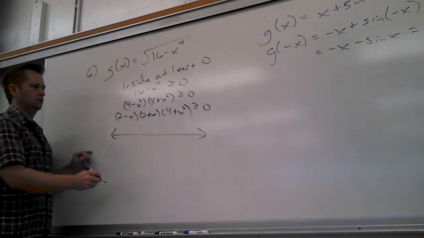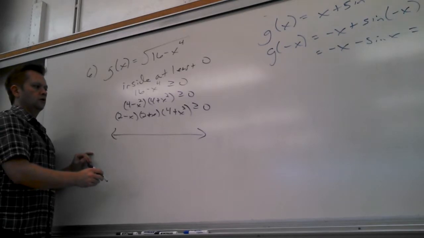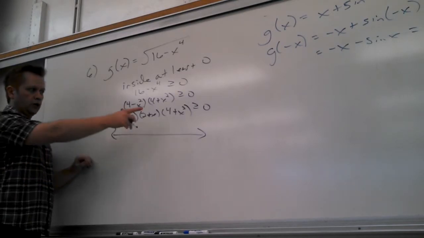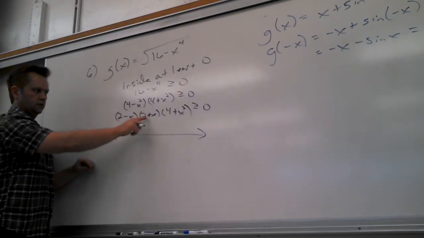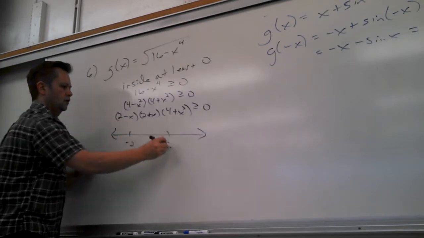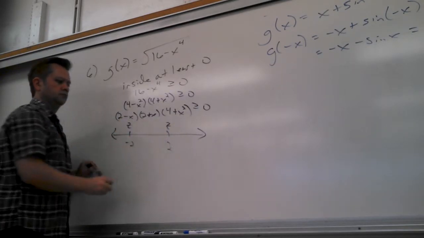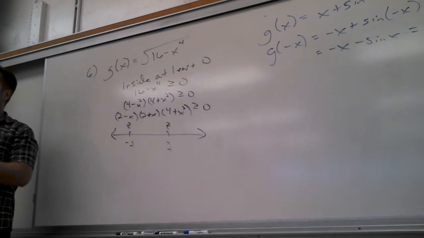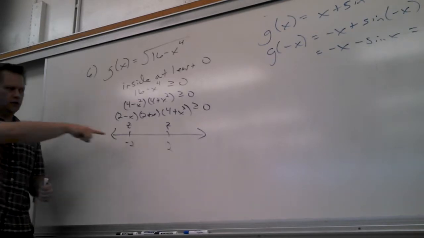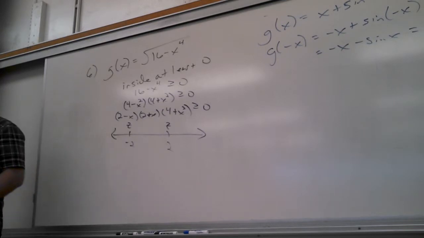Where's it equal 0? Real number-wise. Where's it equal 0? Come on now. 2 and negative 2. A little zero on top for 0. Does this feel familiar? Anybody? We're going to be doing a few things like this with calculus stuff.